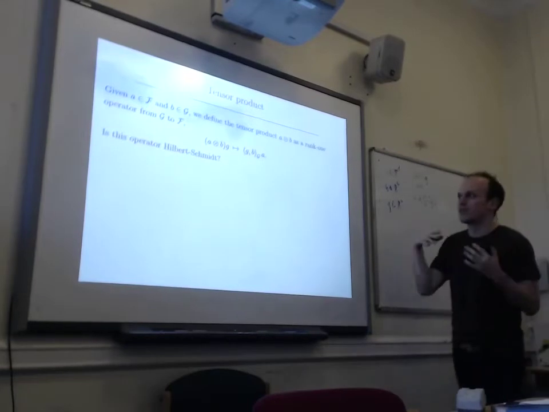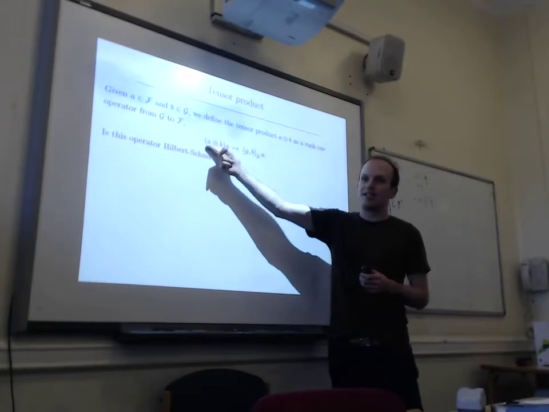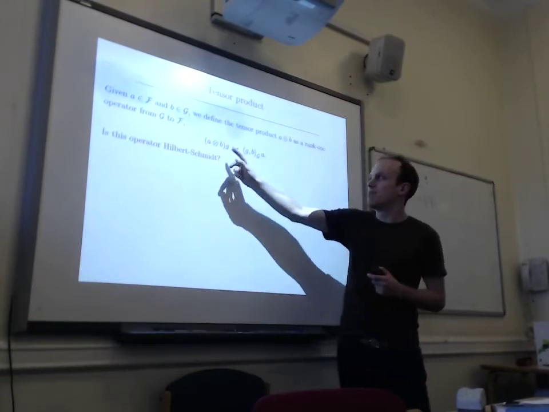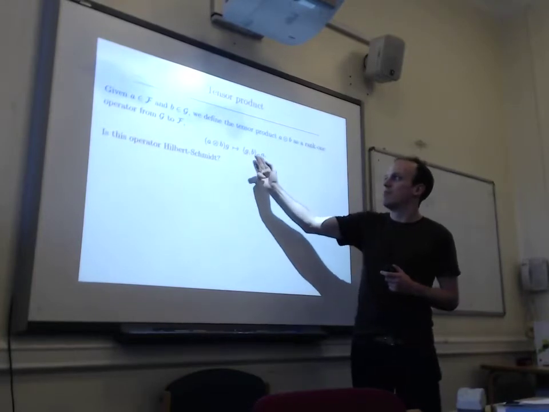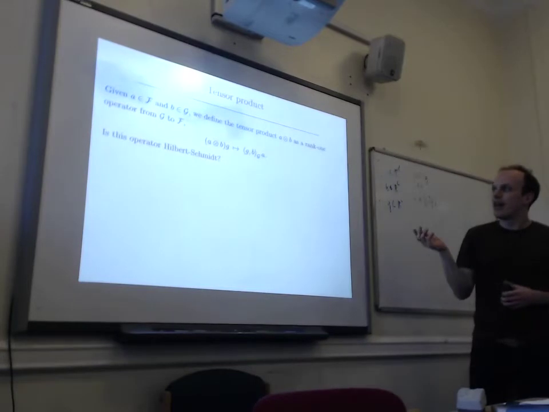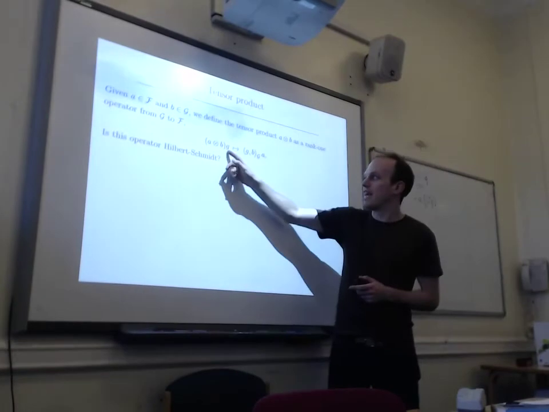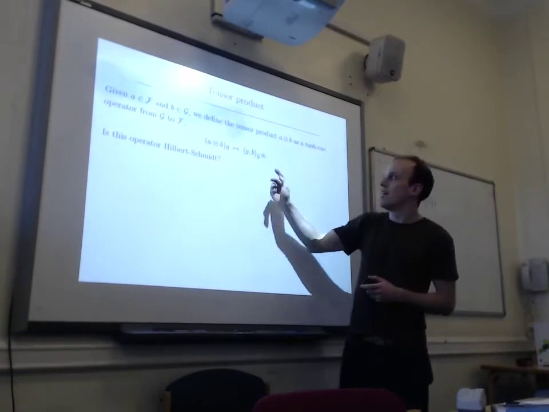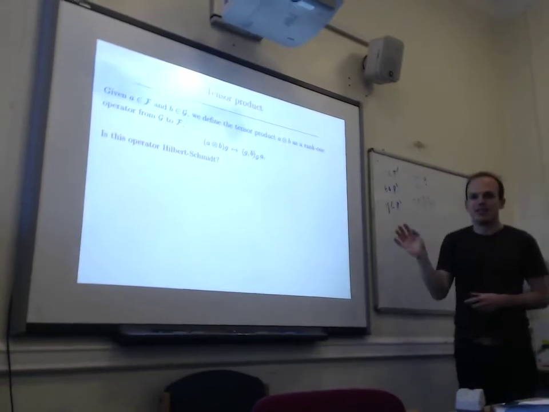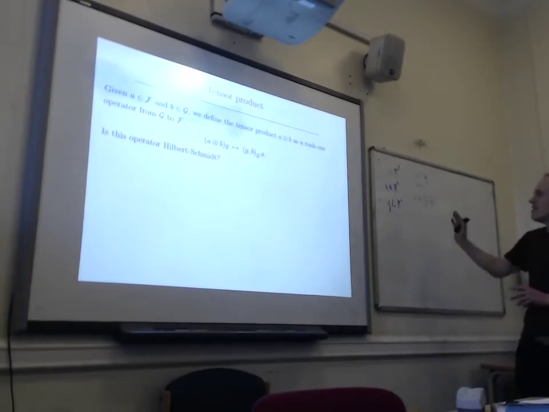The action of this object on some other function g, which is in the same space as B, is just the inner product of g and B acting on A. You can see that this is in the space of mappings from the G Hilbert space to the F Hilbert space, because I take a function from the G Hilbert space and get out a scalar times a function in the F Hilbert space. So this is an object in the right space. Is that clear? Okay.